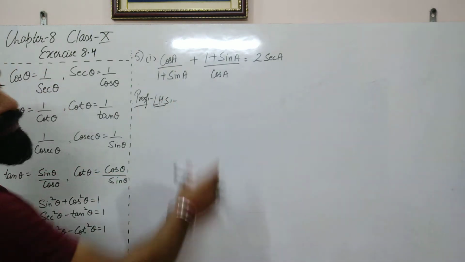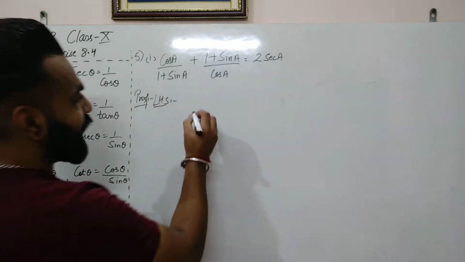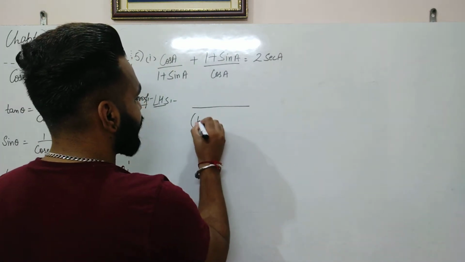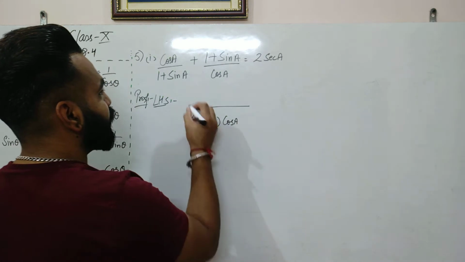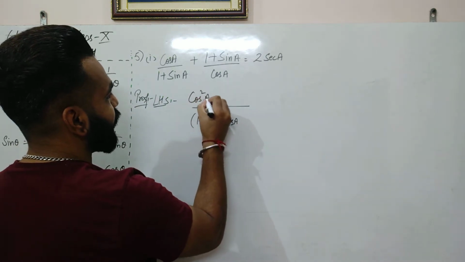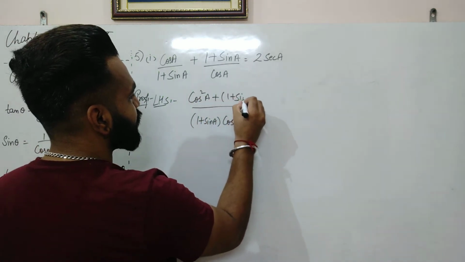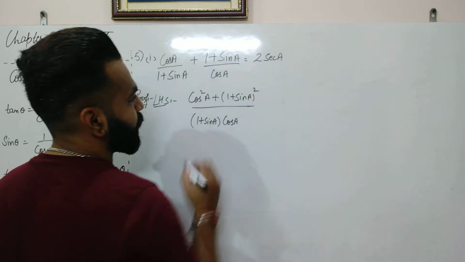We will simplify the LHS part. Let's take the LCM here. This will be (1 plus sin a) into cos a, and in the numerator this will be cos square a plus (1 plus sin a) whole square.